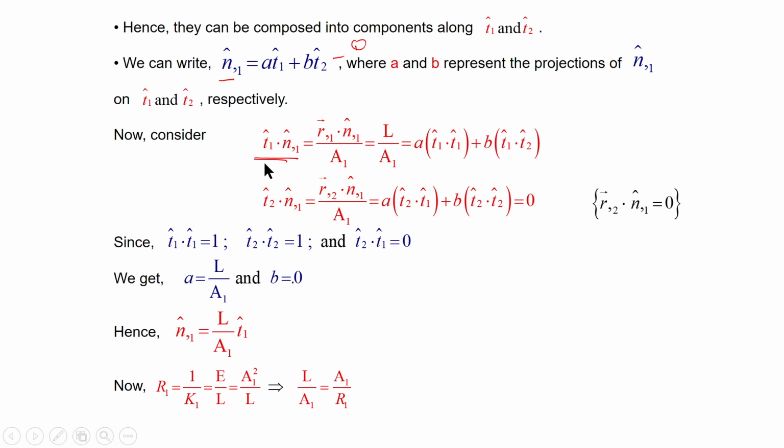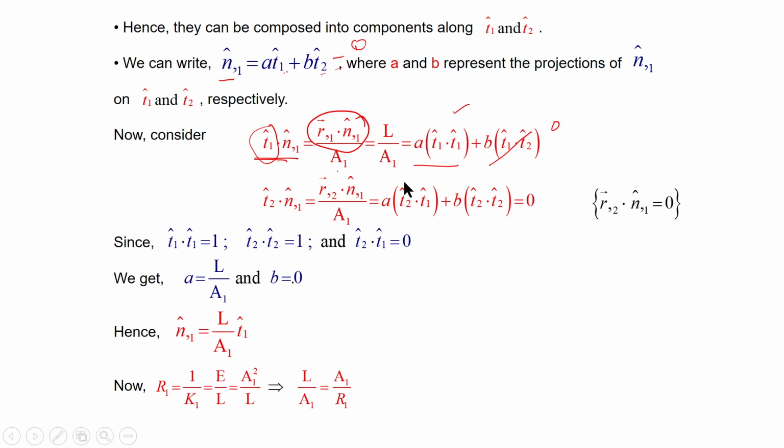T1 hat dot T1 hat becomes 1, and T2 dot T1 goes to 0. So this term goes to 0 and it remains A. And from here, T1 dot n comma 1, where T1 is r comma 1 upon A1, gives n comma 1 upon A1. So basically this is the definition of L upon A1, which is equal to A.